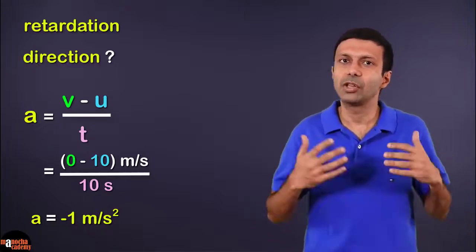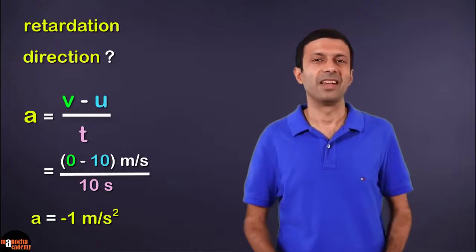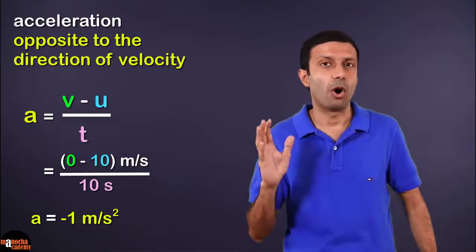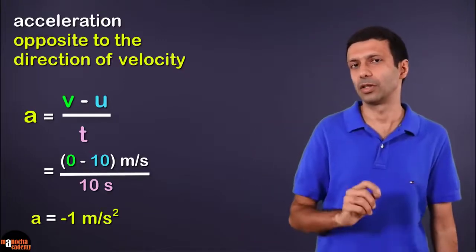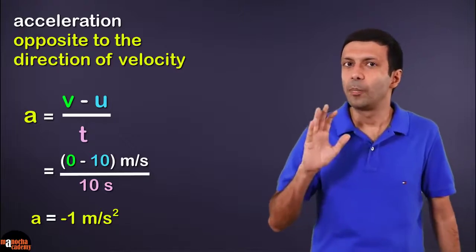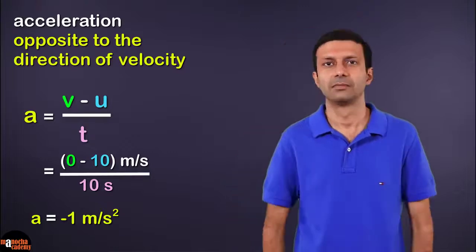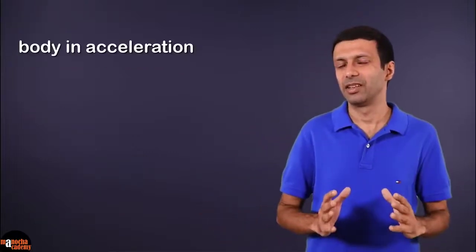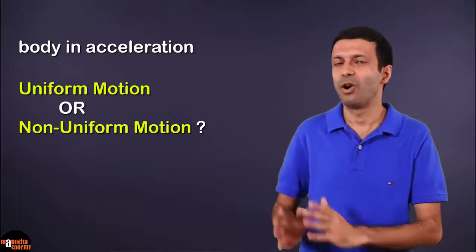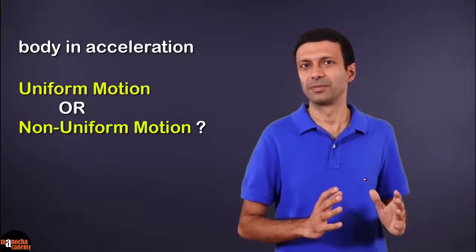Now, what is the direction of this acceleration? That's right, it's opposite to the direction of the velocity because it's opposing the velocity. It's slowing the car down. Now a question is, if a body is under acceleration, is it in uniform motion or non-uniform motion?